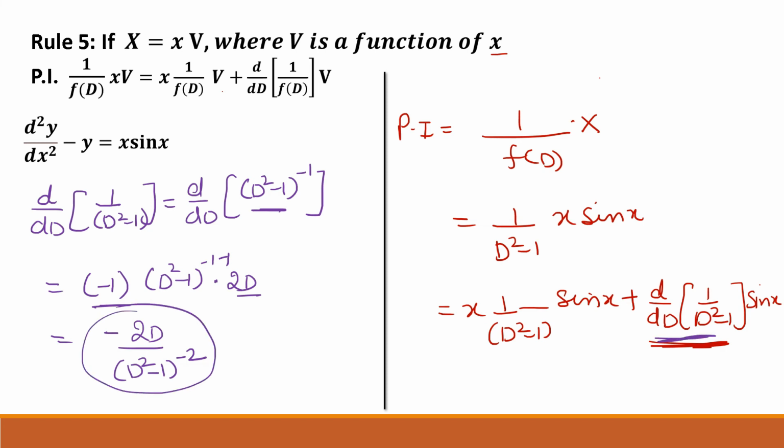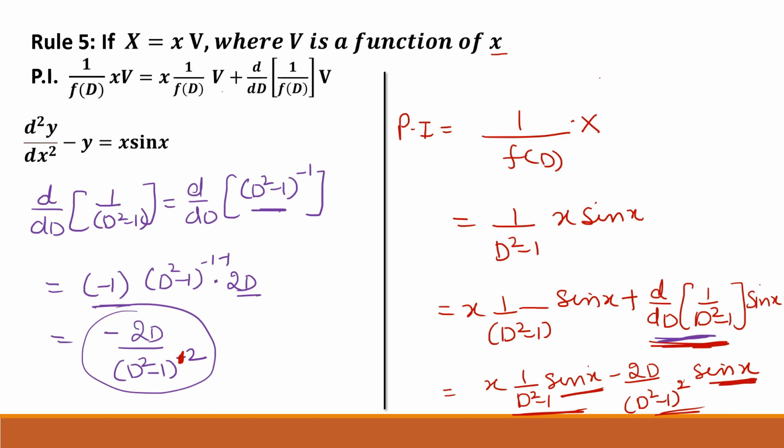So what will we get? We'll get x as such, 1 over D square minus 1 as such, sin x as such, and here we'll get minus 2D over (D square minus 1) whole square, and sin x. Okay, now we will proceed according to this function, and in both the terms we are having sin x.